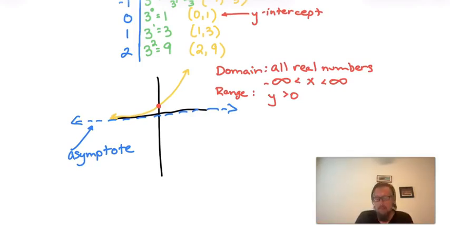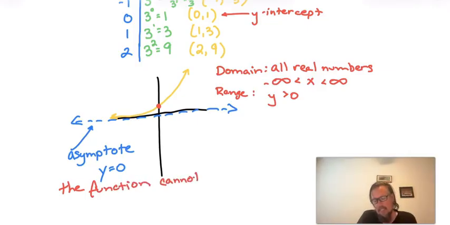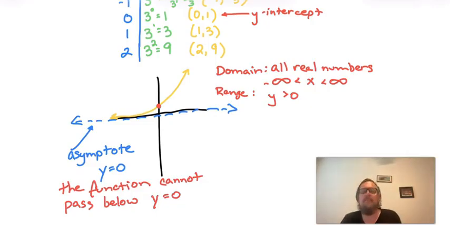And for this problem, the asymptote is y equals 0. The line cannot go below, or the function, I shouldn't say line because it's not a line, it's a curve. The function cannot pass below y equals 0. That's what an asymptote is. It's like this invisible barrier, and the function can't go lower than that.